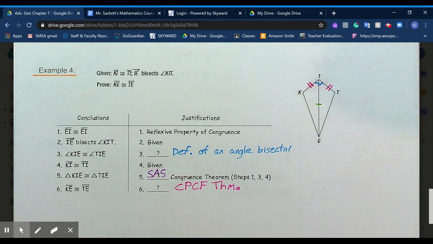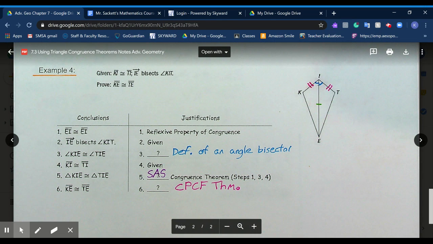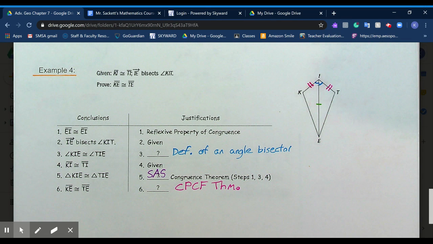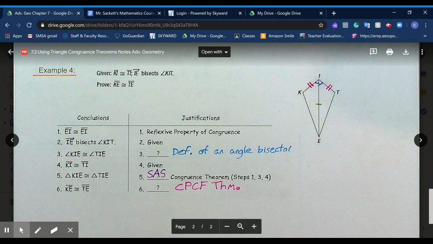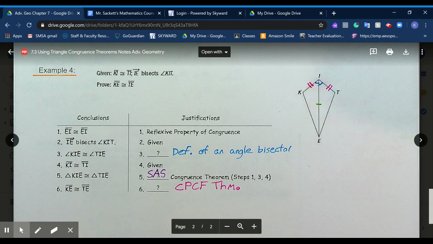Then, based on the idea of an angle bisector, we would be able to say angle KIE is congruent to angle TIE. That's the definition of that angle bisector. So it went in and drew in that congruent angle. And then we also knew that KI was congruent to IT, giving us a side-angle-side triangle relationship.